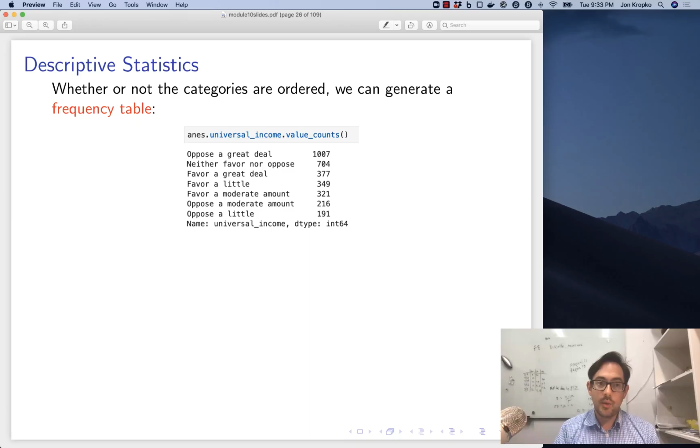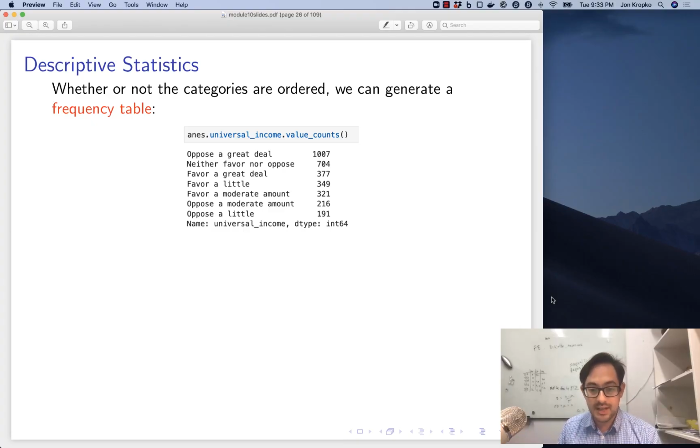Now, whether or not the categories are ordered, we can always generate a frequency table. And so here are the counts for the universal basic income. We've got 1,007 people in the data who oppose it a great deal. We have 377 who favor it a great deal. We've got all of these values here. So value counts gives you the basic frequencies, but we can do better.